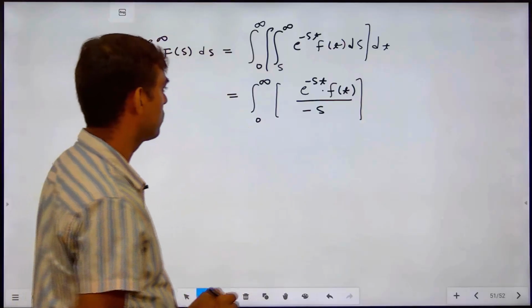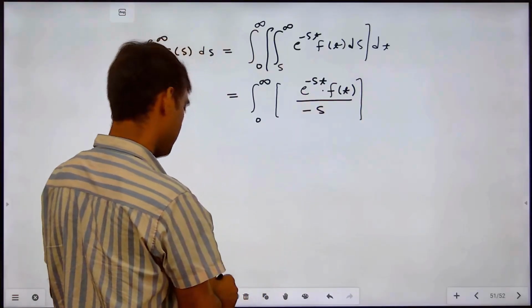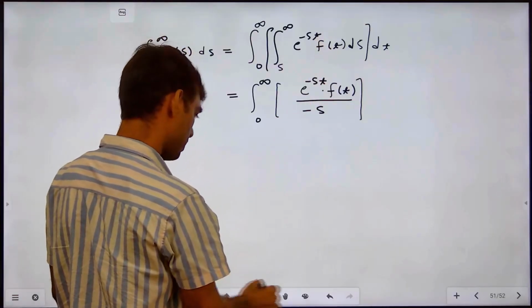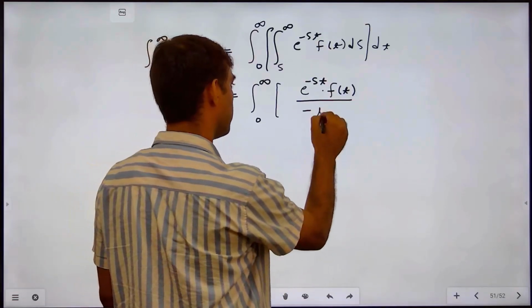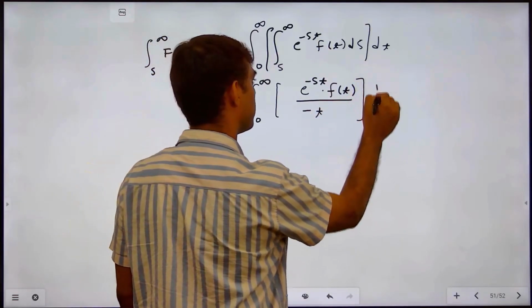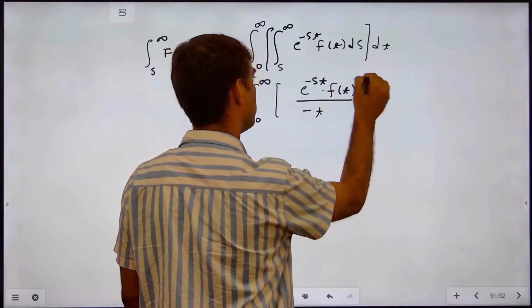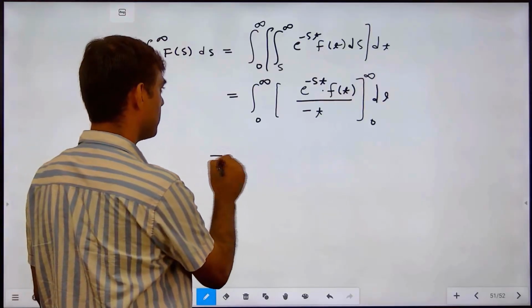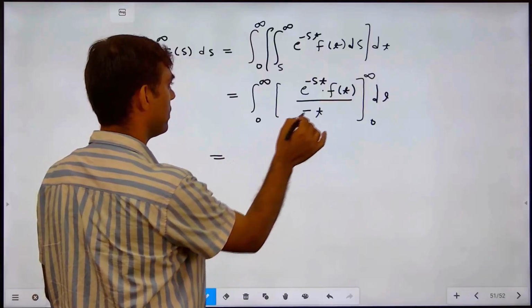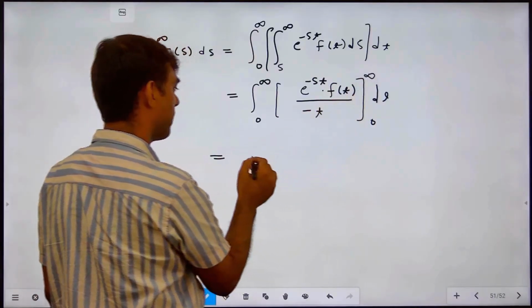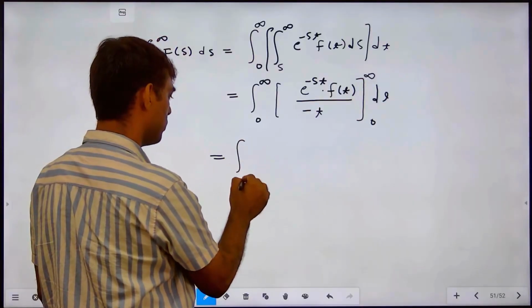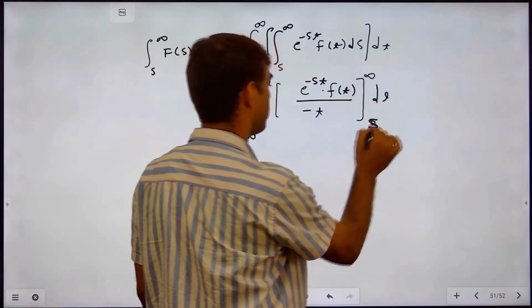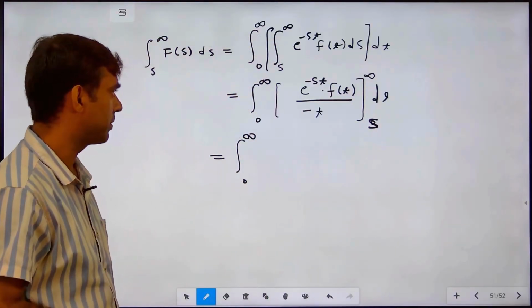With respect to s, t is treated as a constant, so the integration becomes e to the power minus st divided by minus t, with limit s from s to infinity, inside the integral from 0 to infinity of f(t) dt.